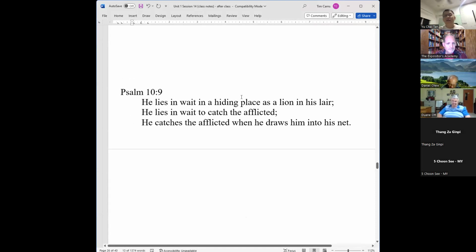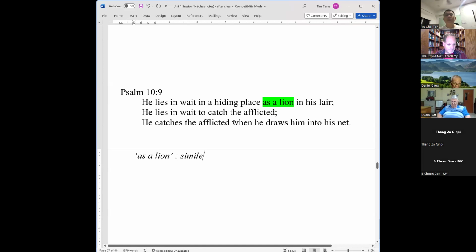The word as is used, so we have a simile here, that the person who is hunting is like a lion. Yes, good. It's a simile because he says like or as. He lies in wait as, so it's making a comparison of how he is lying in wait, like a lion in his lair. Good.